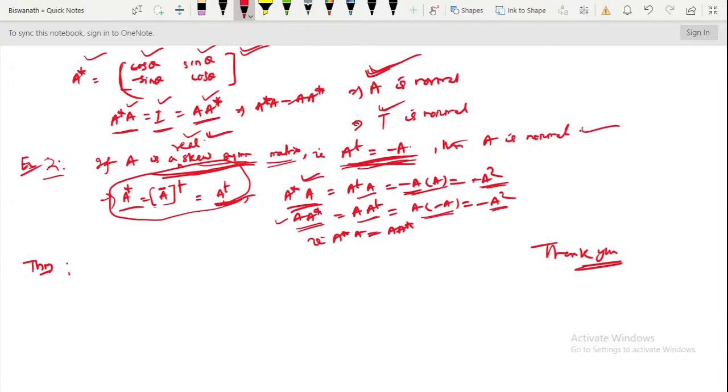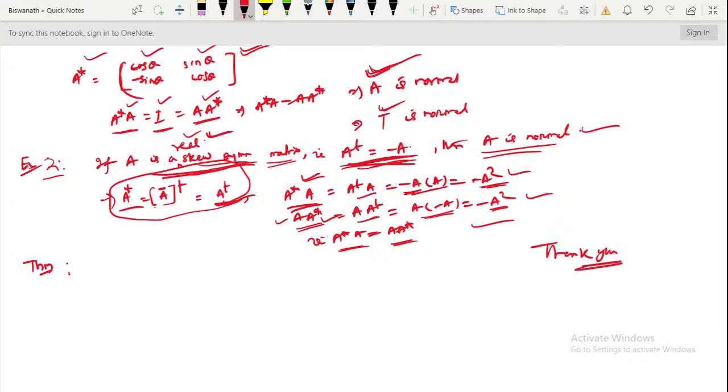So A star A is minus A square, and A A star is also minus A square. So A star A equals A A star, thus A is normal. So in my last class, or yesterday's class, I already completed these two examples.